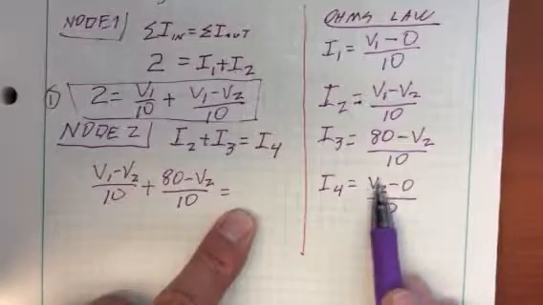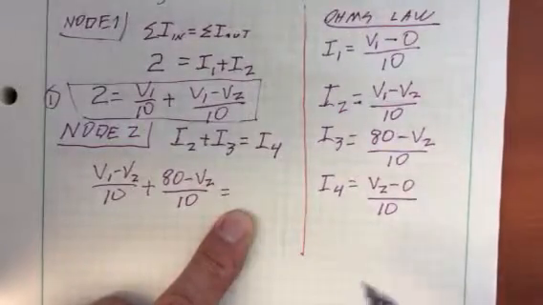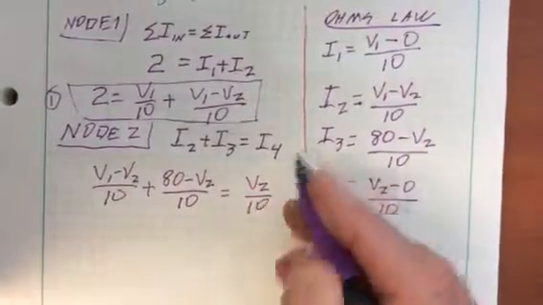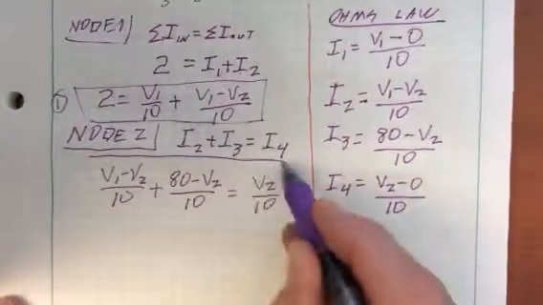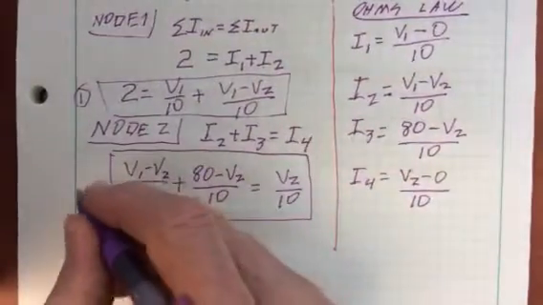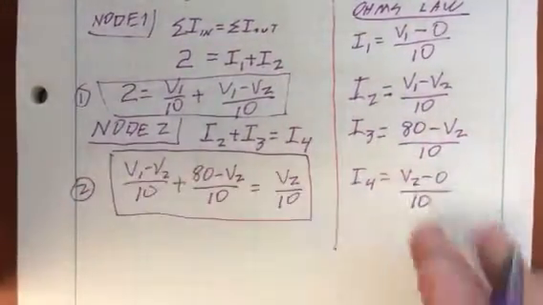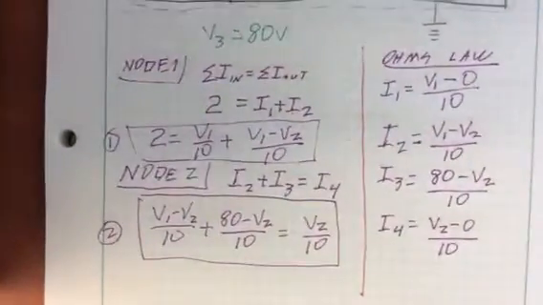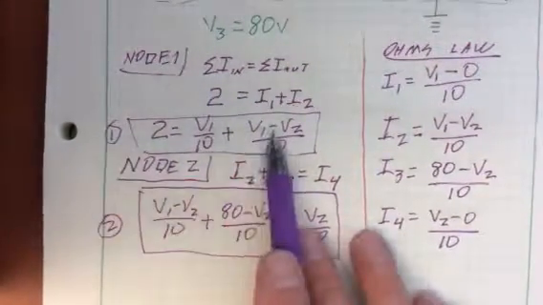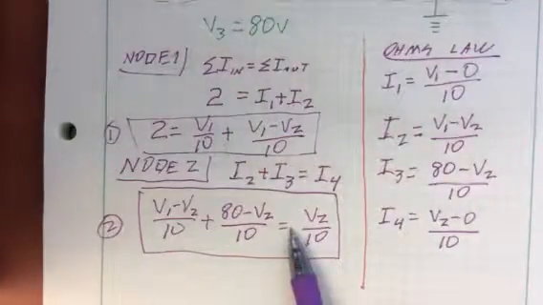What's I4? V2 over 10 goes right here. There is our second equation, and we're going to call that equation 2. We have 2 equations in 2 unknowns. Equation 1 from node 1, equation 2 from node 2.